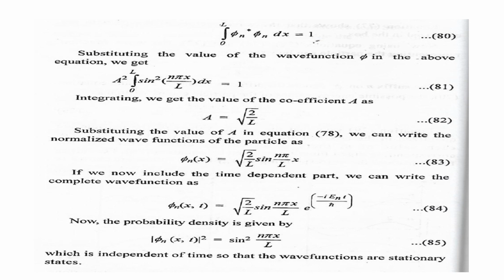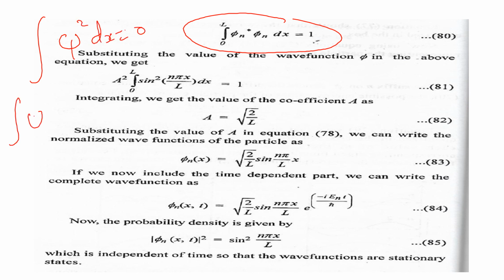Okay, now let us determine the value of a from the normalization condition. What is the normalization condition? Integral psi star psi dx is equal to 1. Here we know the value of phi is a sine n pi x by L. Substituting that, phi star phi is a square sine square.